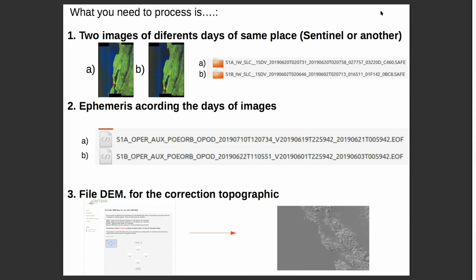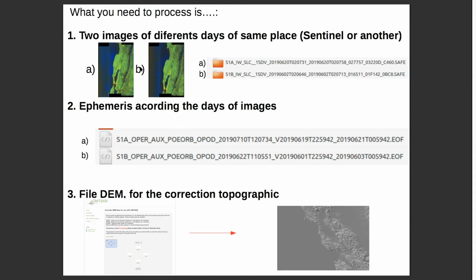This is the first day and the second day, and we need to visit the website of Copernicus to download these files. This is the first file and the second file.